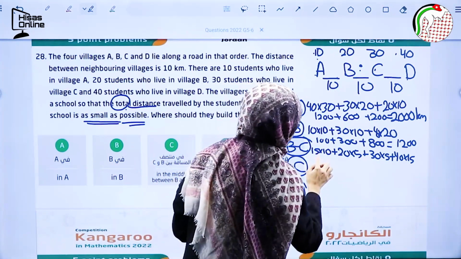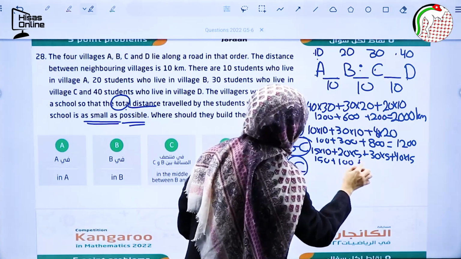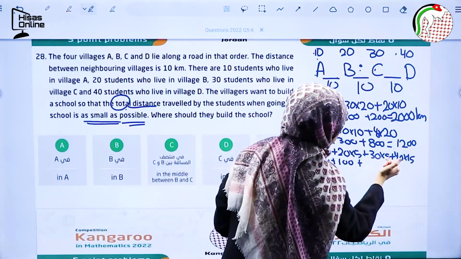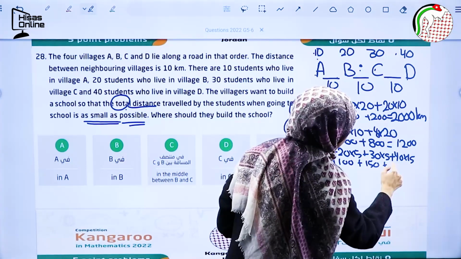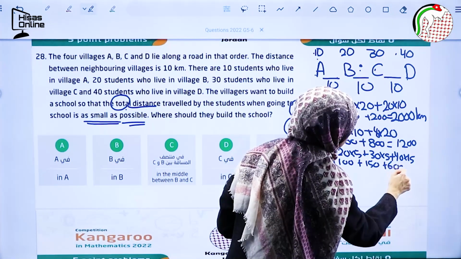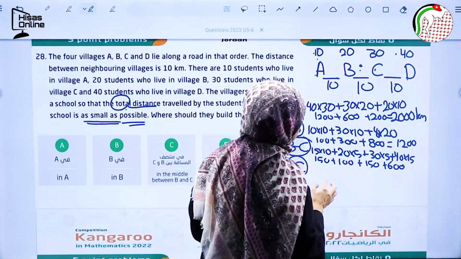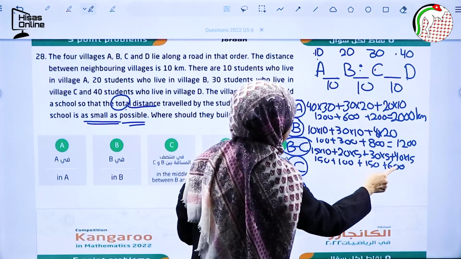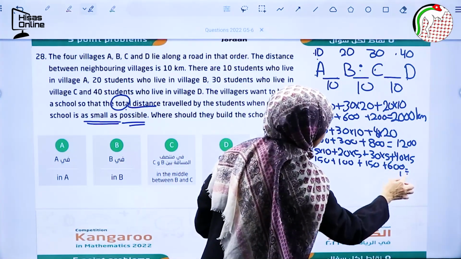Let's find the answer. This is 150 plus 100 plus this is another 150 plus that makes 600. Let's add. Those are 300, 600 makes 900 and 1,000.